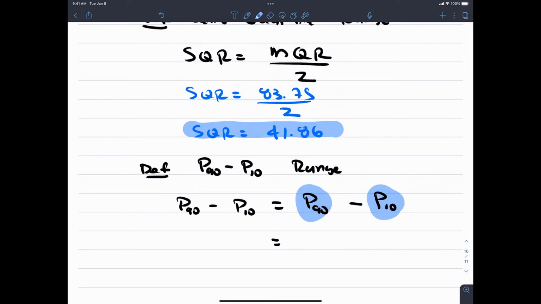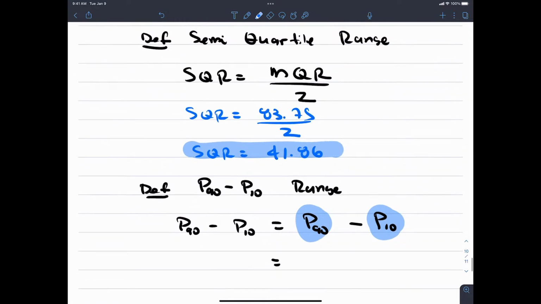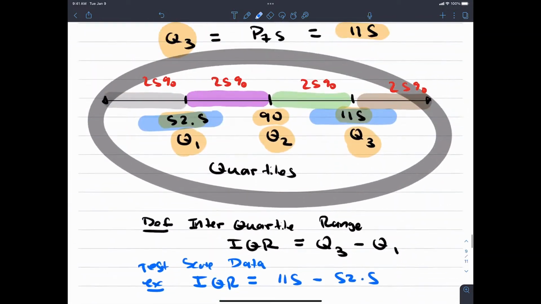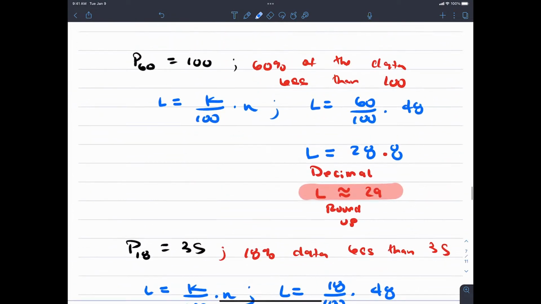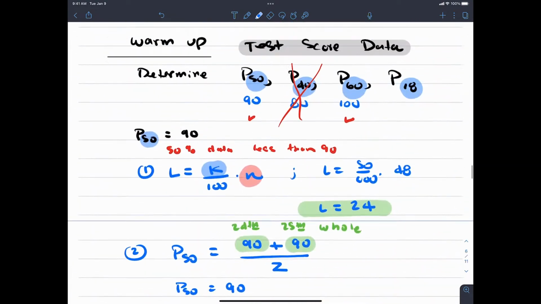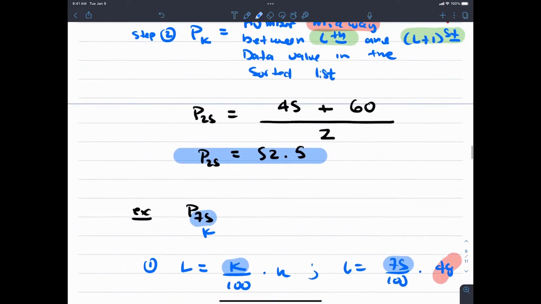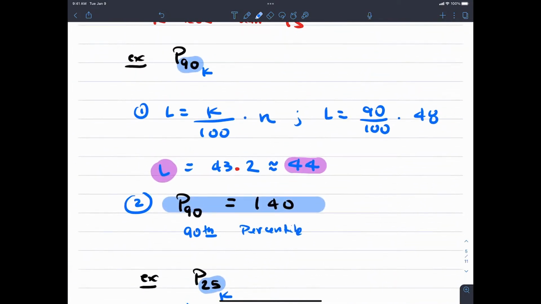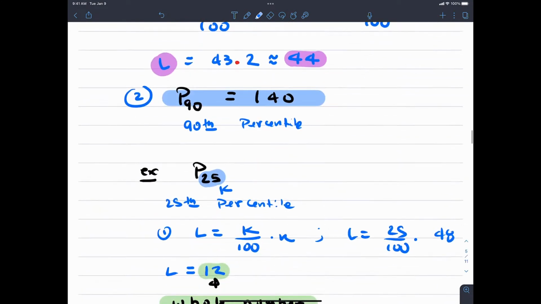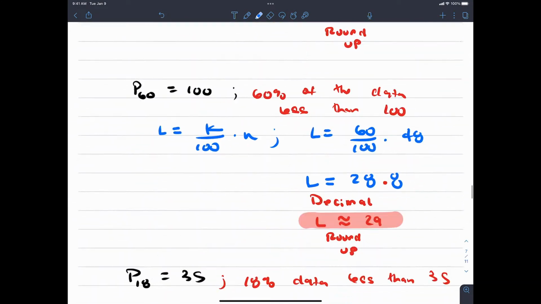Say yes. Do you guys have P10? Say yes. Okay, what are they? We've got to look for them in our notes. There's P90. What's P90? Okay, so we're going to use that number, 140.